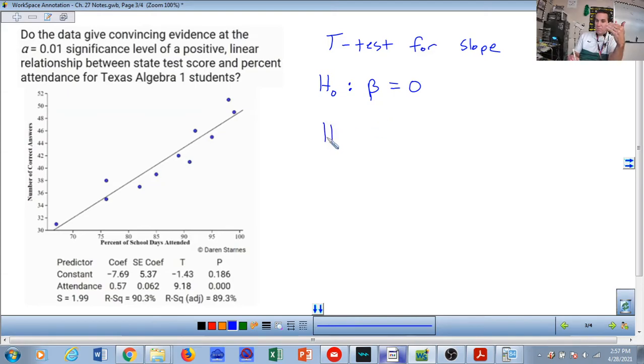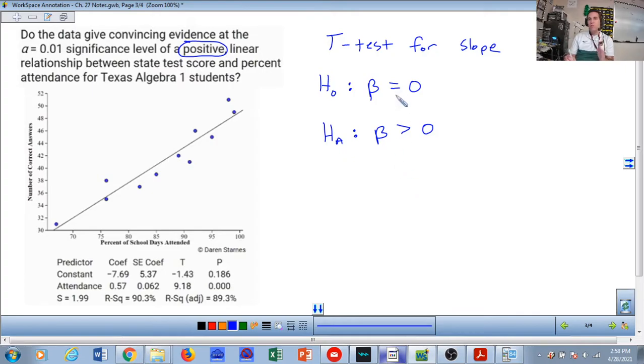So on this problem, they asked you to prove that it's positive. So we're trying to prove that the true slope is greater than 0. That is typically your hypothesis every time.